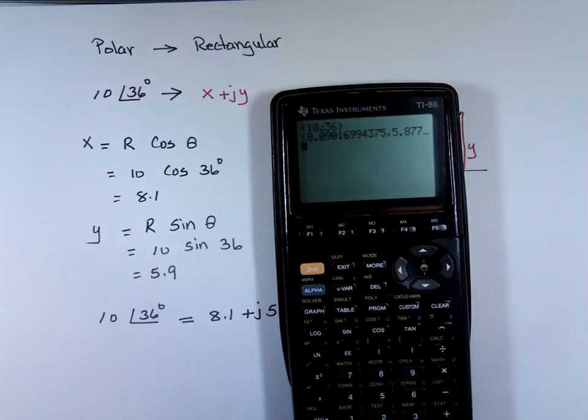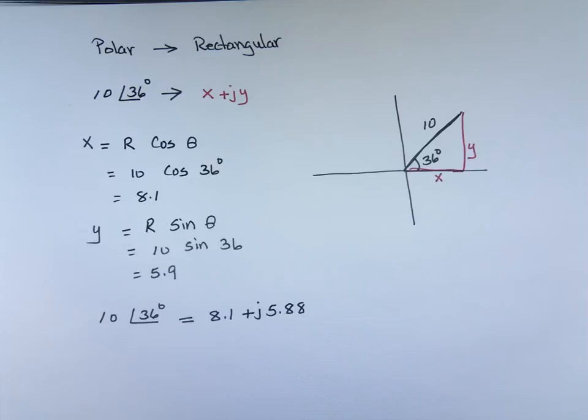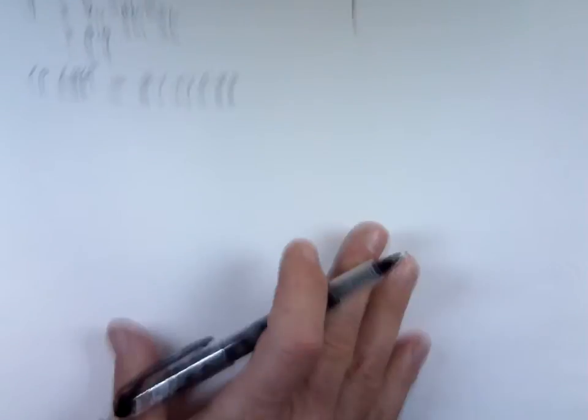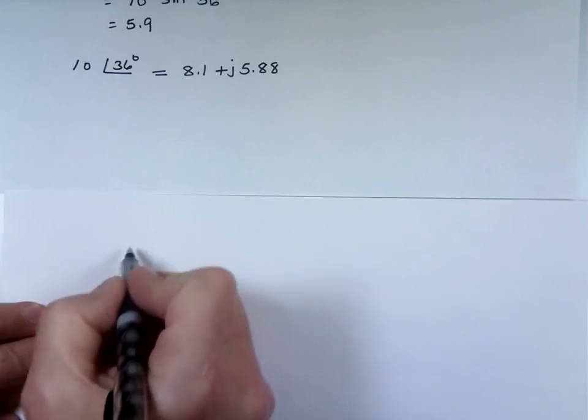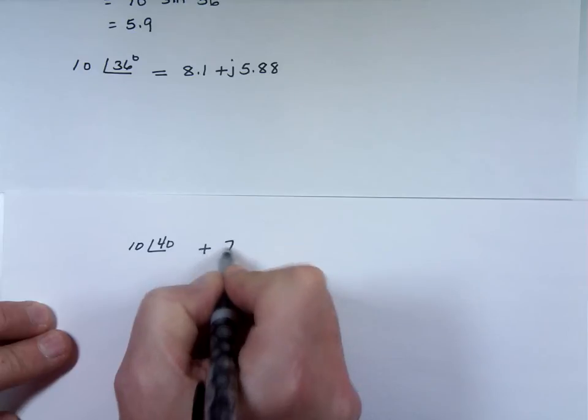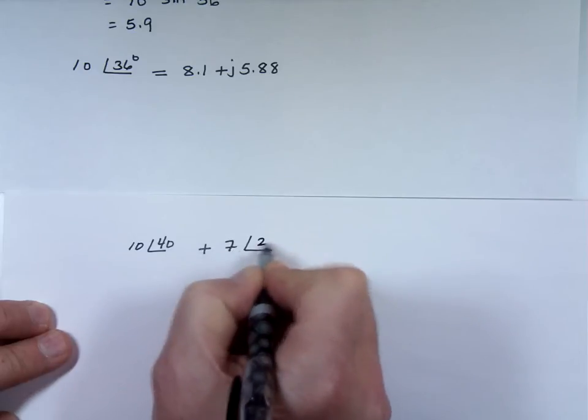Normally, if you're doing it by hand, you can't add in polar. You can't subtract in polar. So if you have values in polar and you want to add them, you really can't add them. So if I have 10 angle 40 and I want to add to it 7 angle 29, I can't. I got to convert them to rectangular.